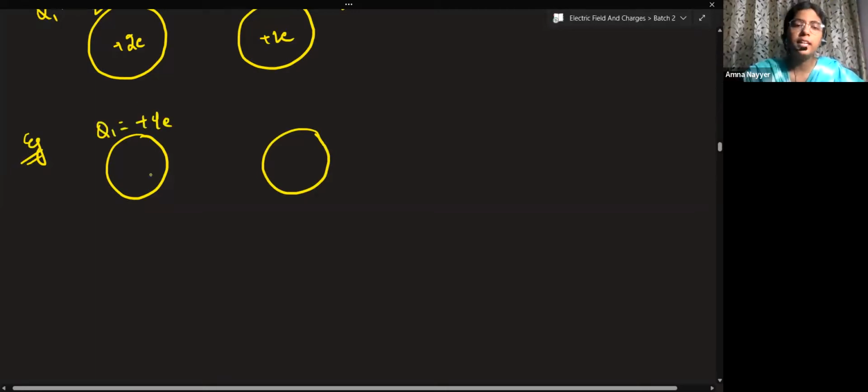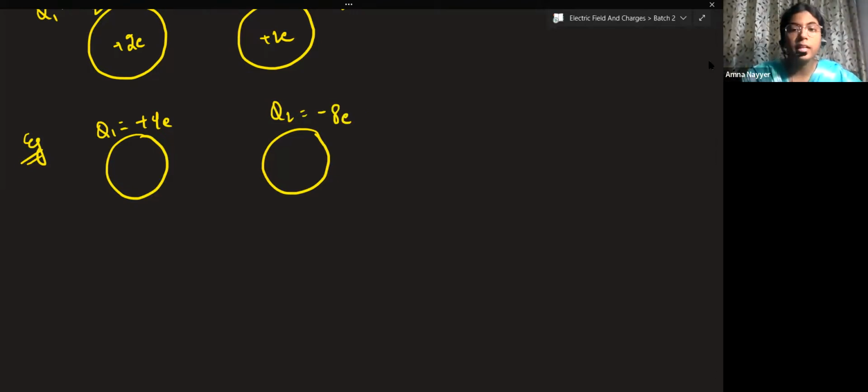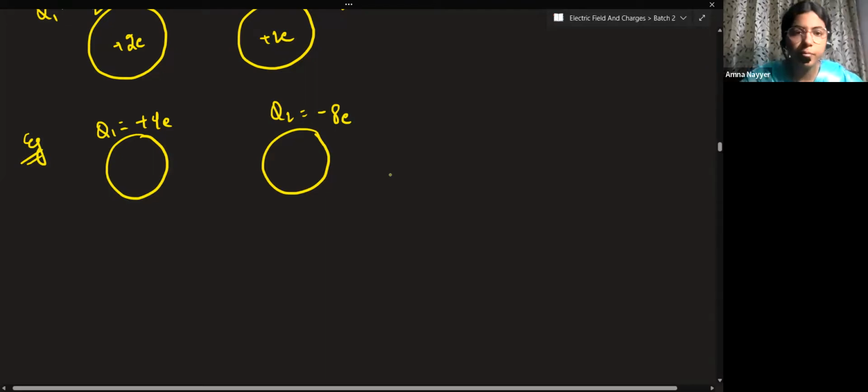So if I tell you this is plus 4e and Q2 is minus 8e, now you have to consider this minus sign as well. So just first solve this the way I have done the previous one. When both these spheres are made in contact with each other, what will be the charge received by, let's say, this is A, this is B.